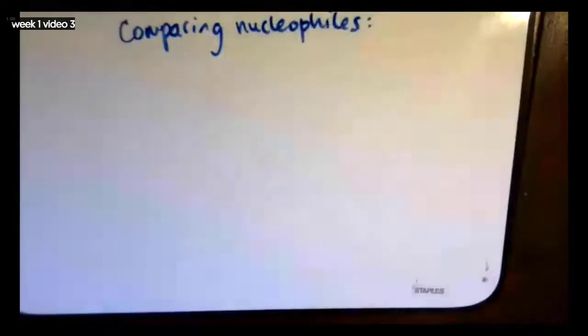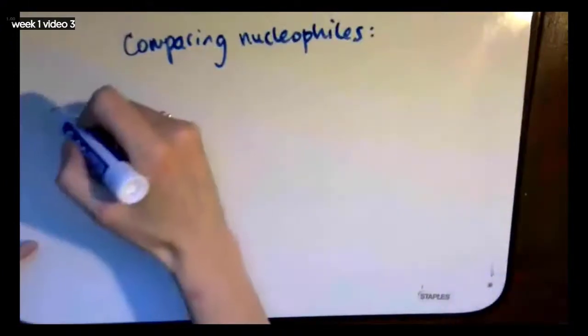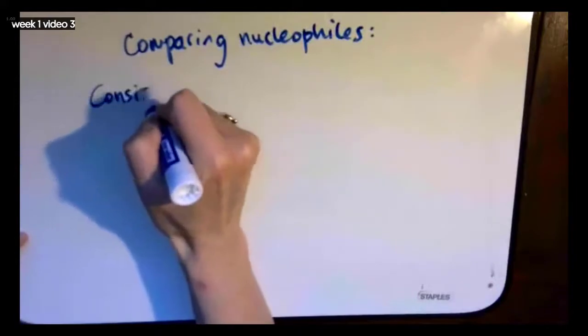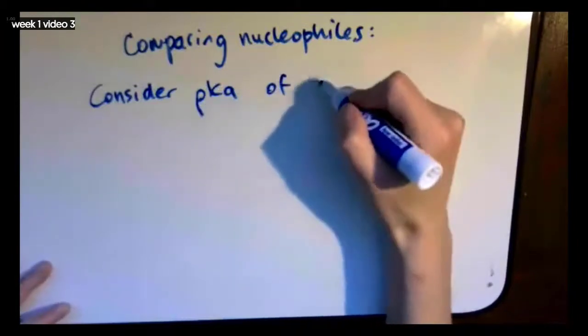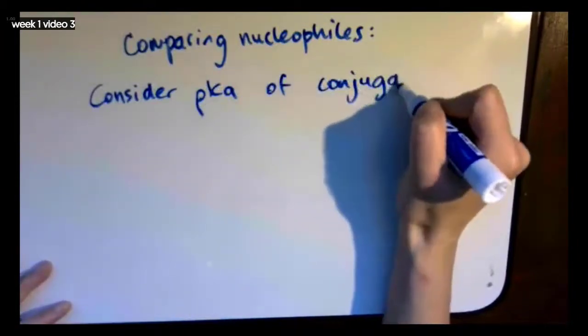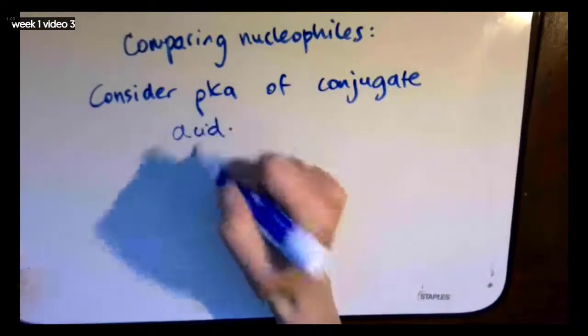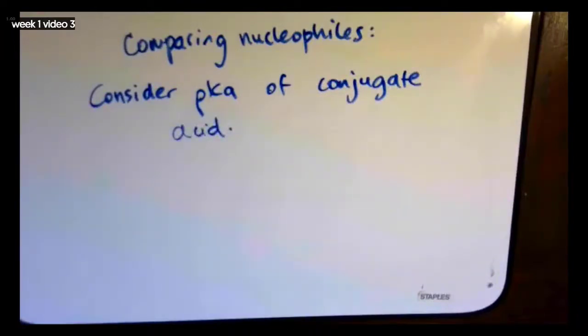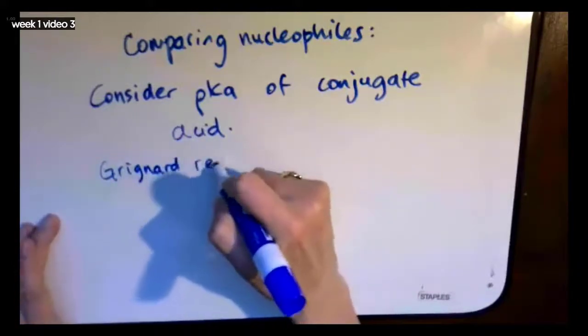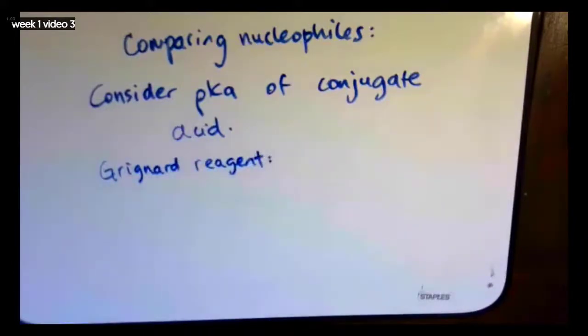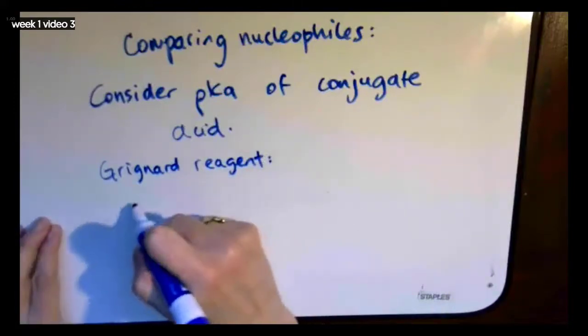So comparing our nucleophiles, we're going to consider the pKa of the conjugate acid. Why does this make sense? Well, let's take a good nucleophile that we know, the Grignard. You guys know that Grignard reagents are good nucleophiles.